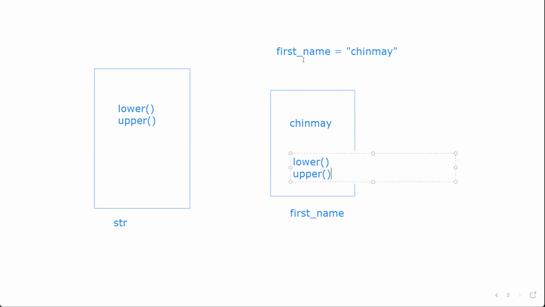Now if you want to make Chinmay uppercase, you have to call it on the reference, first underscore name, which is the object reference, dot upper. This line creates the object of string, and first underscore name is the reference variable, the address of it.